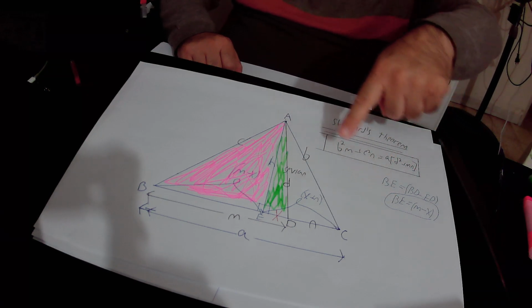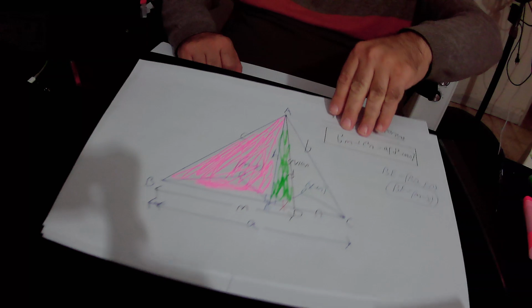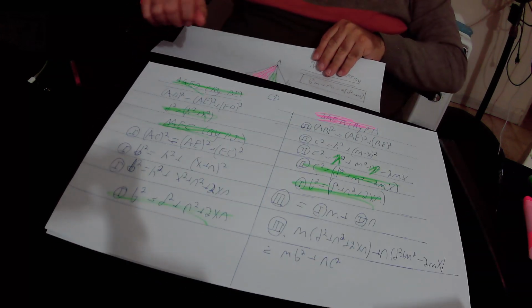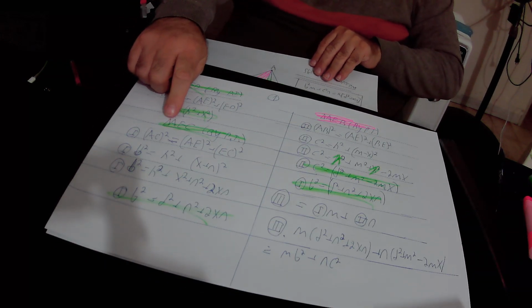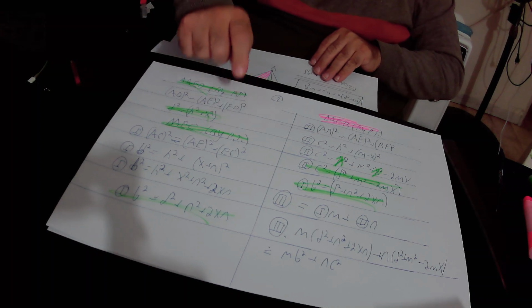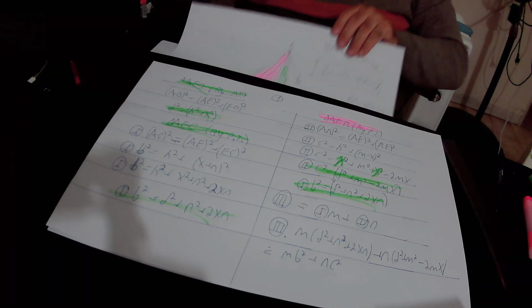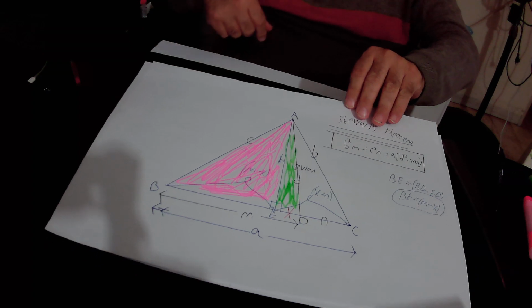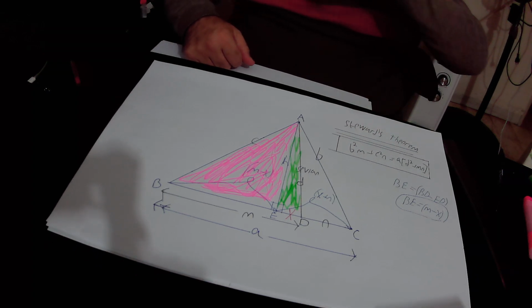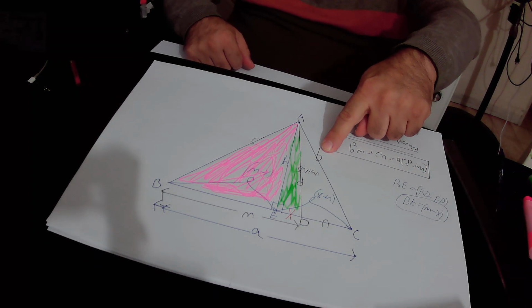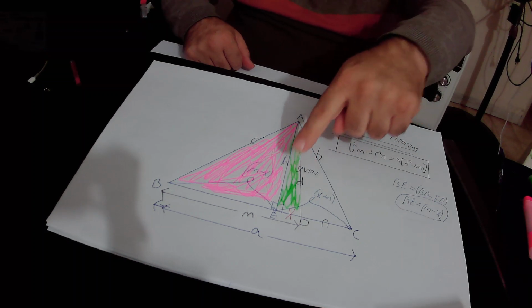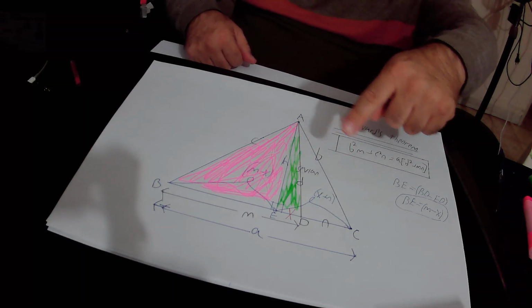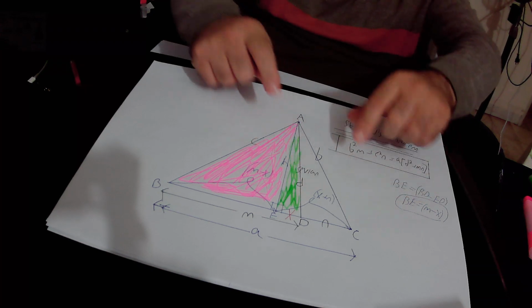Again, AC square equals AE square plus EC square. Okay, here AC equals b units in its length, AE equals h units in its length, and also EC equals x plus n units in its length.